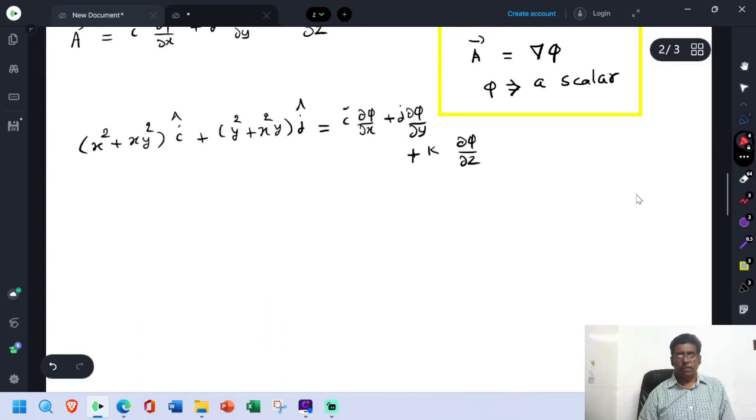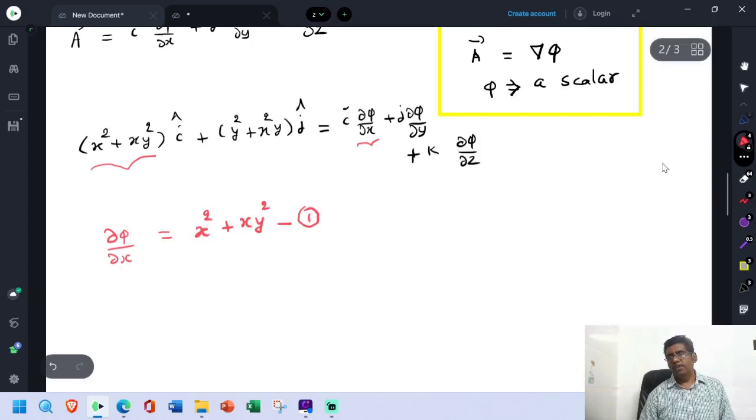The coefficient of i: dou pi by dou x equal to x square plus xy square. This is equation 1.